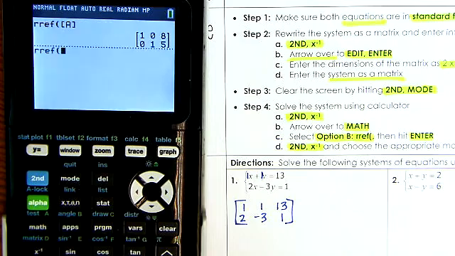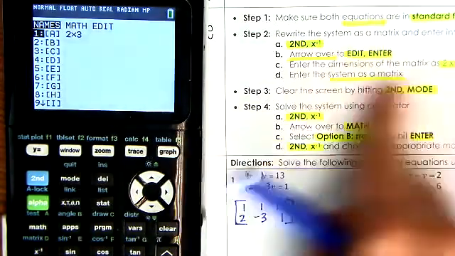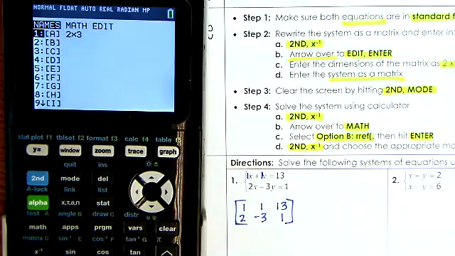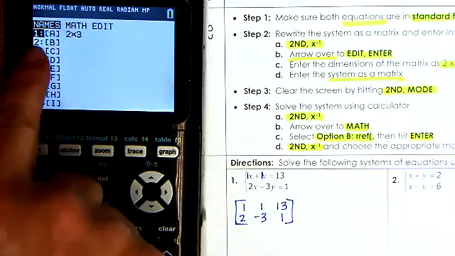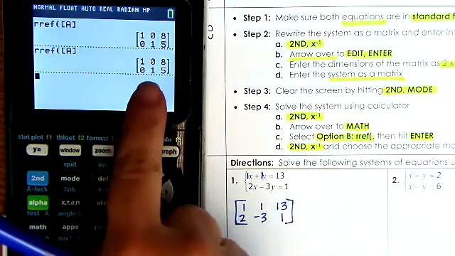Press enter. Now I have to tell it which matrix to use. So I will go back to the matrix, second matrix, and you have all of these steps written right here. We choose A. It's highlighted. Press enter. Now I have my answer.